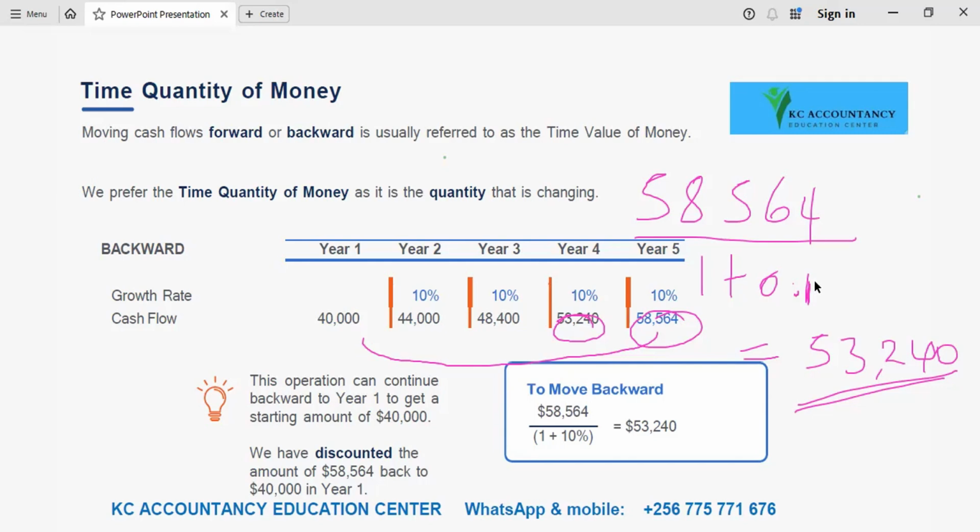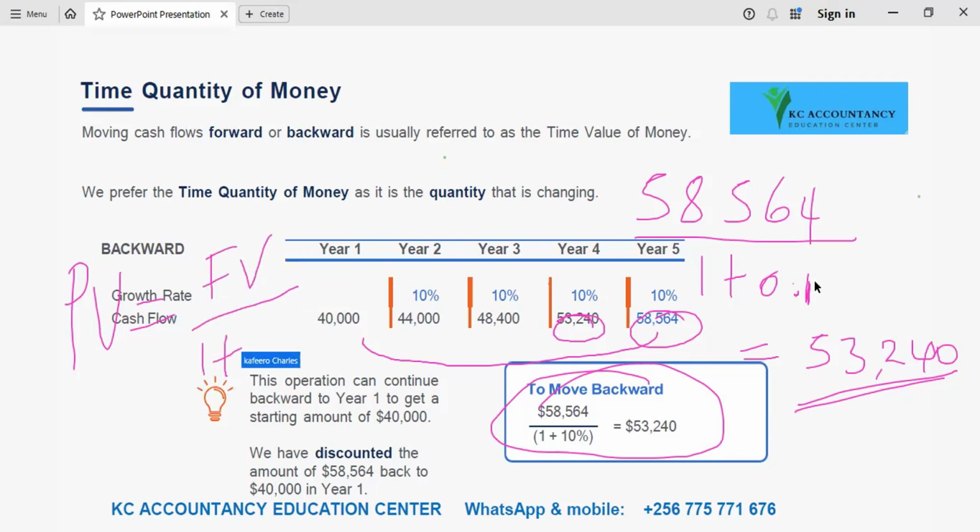That's the same thing you are seeing from this same bracket here. We are moving backwards using the present value formula, which is future value over 1 plus r.